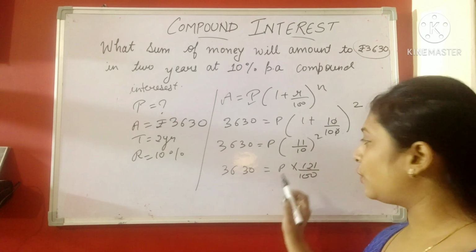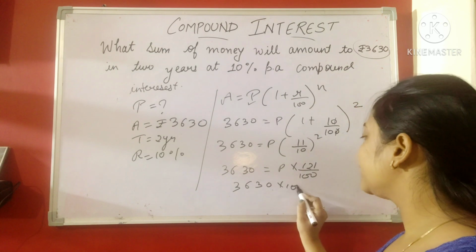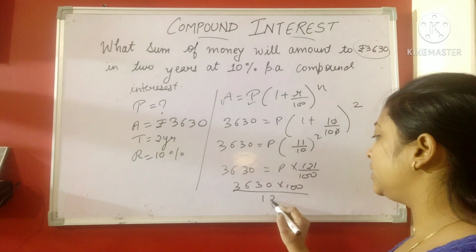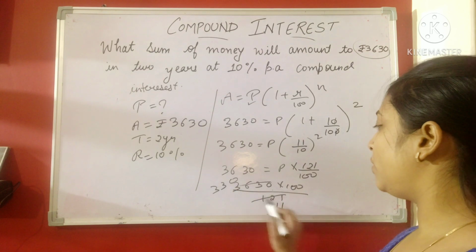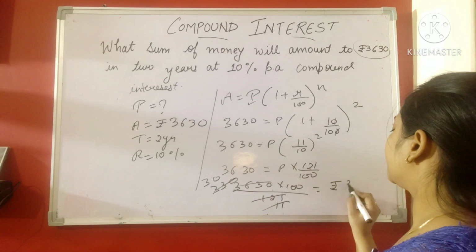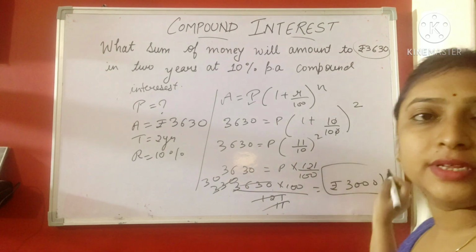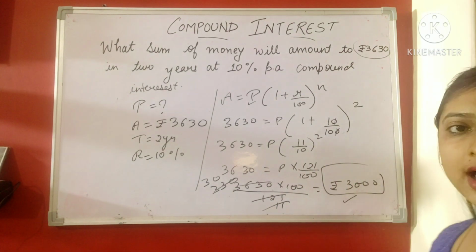Now we have to solve for P. Please find out the value of P as normal. You solve the linear equation, 121 will give 30, again 30, which will be rupees 3000. That means the principal for this particular question is rupees 3000.